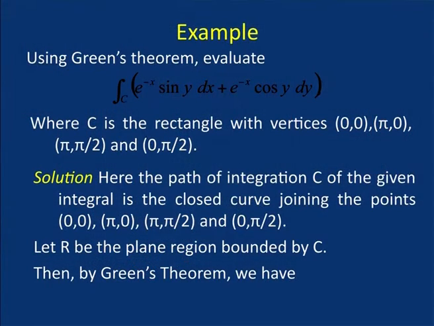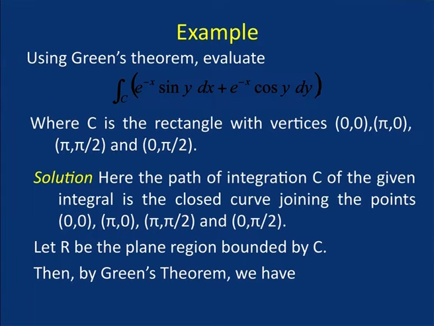Use Green's theorem to evaluate the line integral of e to the power minus x sin y dx plus e to the power minus x cos y dy, where C is the rectangle with vertices (0,0), (pi,0), (pi,pi/2) and (0,pi/2), that is, the rectangle in the first quadrant.